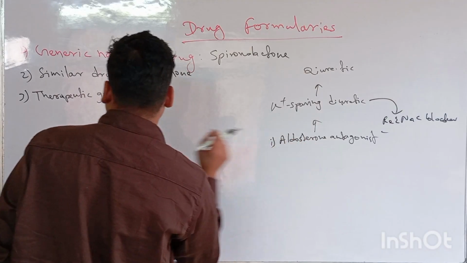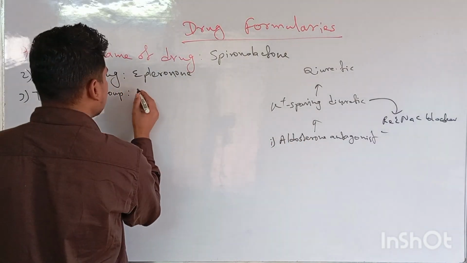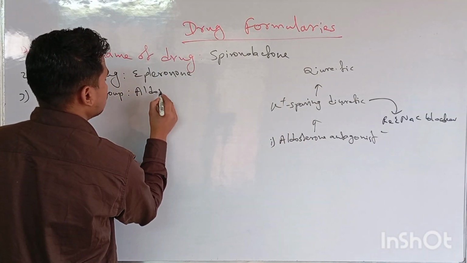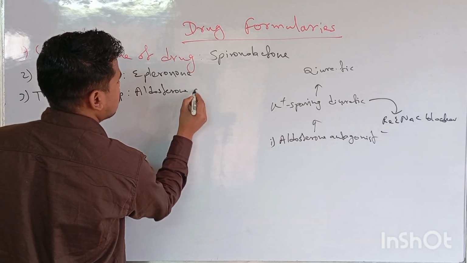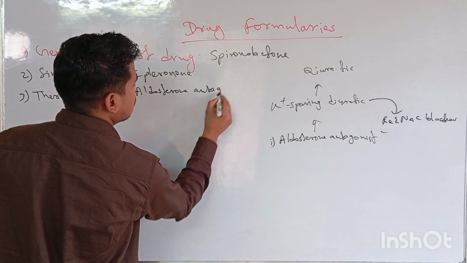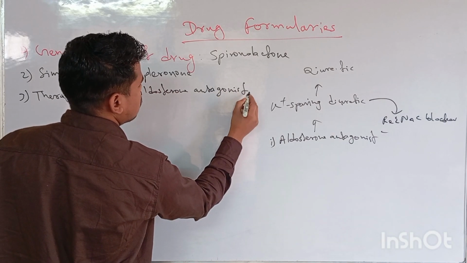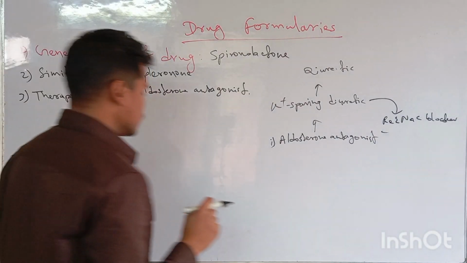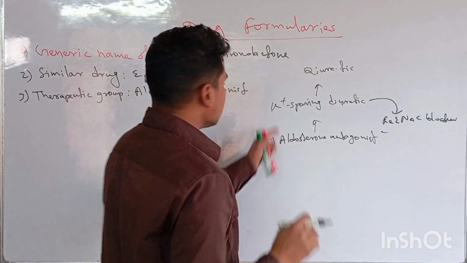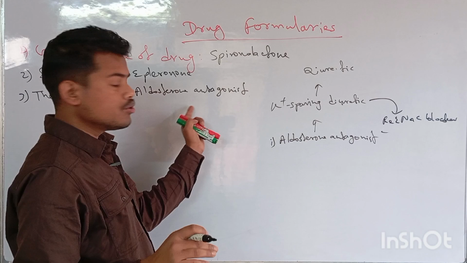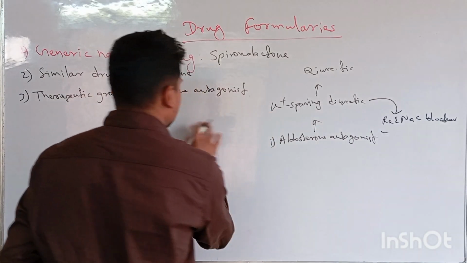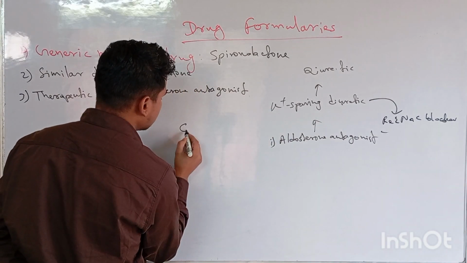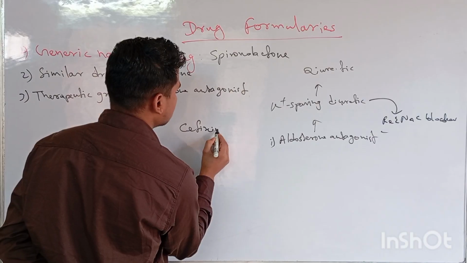So what should be written here? Aldosterone antagonist. Then again a few confusions may arise, like let's suppose you are given cefixime.